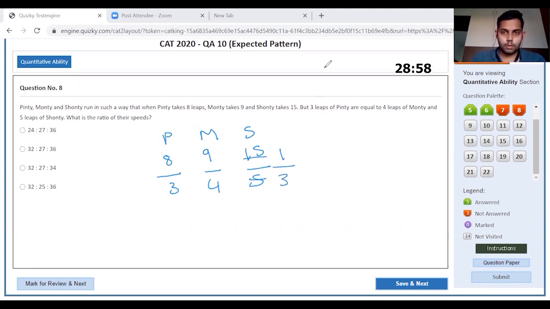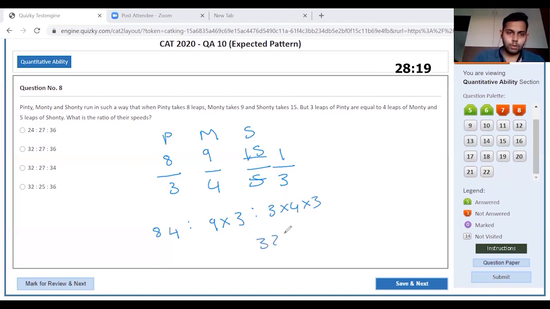Oh, sorry, no, and it's fine, I guess. So directly 8 into 4, okay, is to 9 is to 3, common one, is to 3 into 4 into 3.